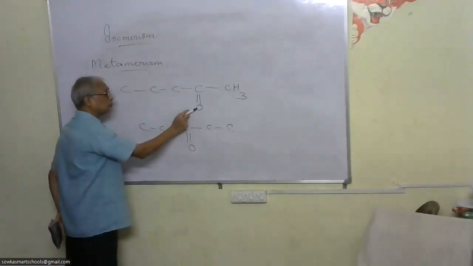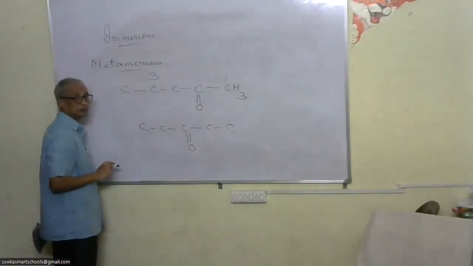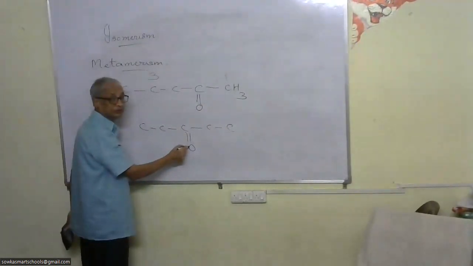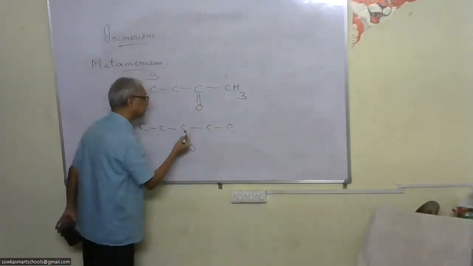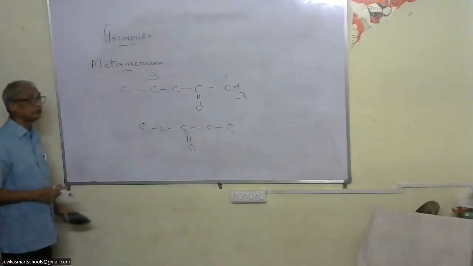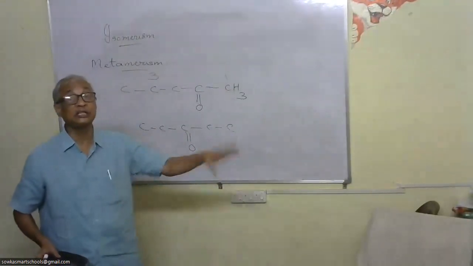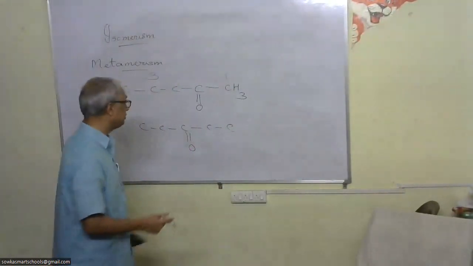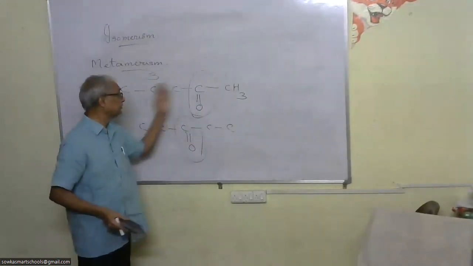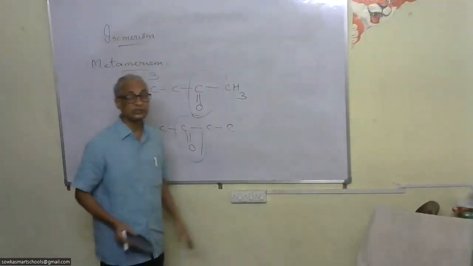So to the C double bond O group, on one side there is only 1 carbon, and on this side there are 3 carbons. Whereas in its isomer, on this C double bond O group, there are 2 carbons on this side and 2 carbons on this side. And you know that such an isomerism is known as metamerism. They differ in the length of the carbon chain on either side of the functional group. Here you know that the functional group is C double bond O. Here also it is C double bond O. 1 plus 3 carbons in this compound, 2 plus 2 carbons in this compound. So naturally they are metamers.